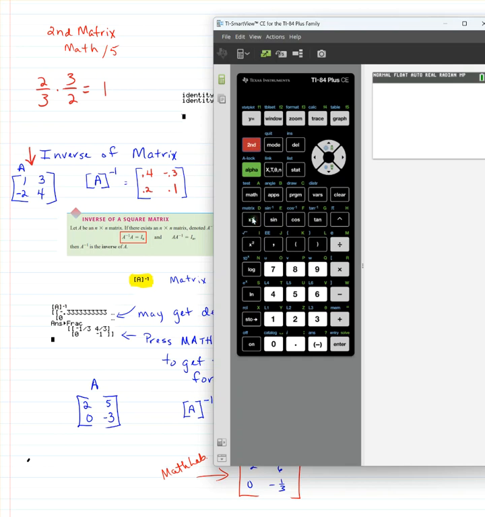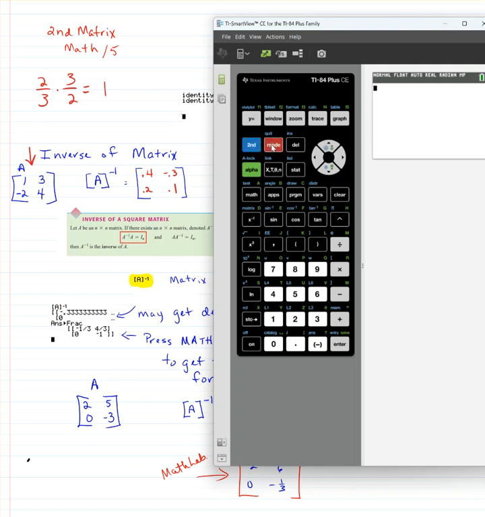So second matrix over to edit, and that one's a 2 by 2. So we'll do 2 by 2, and then we will have 2, 5, 0, -3.